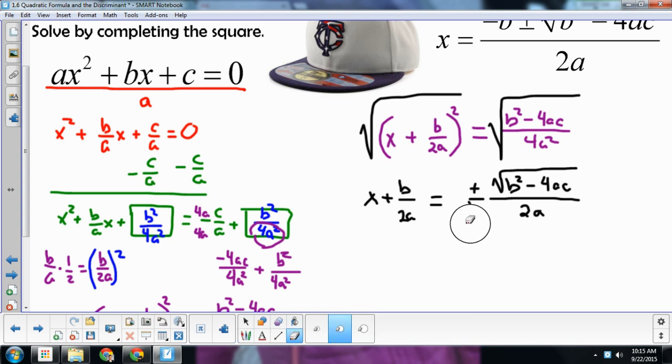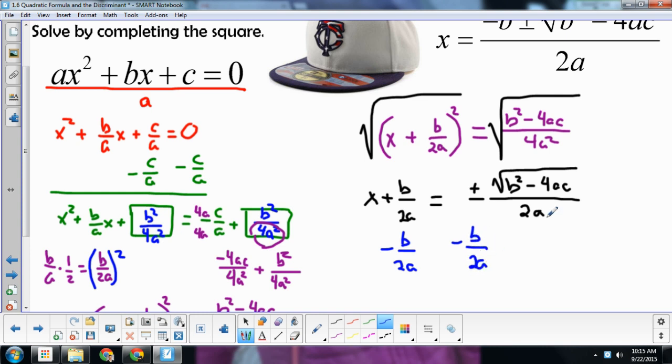So my final step in completing the square to solve an equation is to get x by itself. Well, that means I'm going to subtract the b over 2a from both sides. Now when I write this, I'm going to put it in front, because if you'll notice, I have the same denominator, 2a, which means I can combine the numerators.